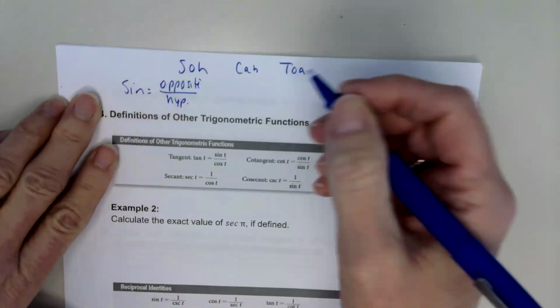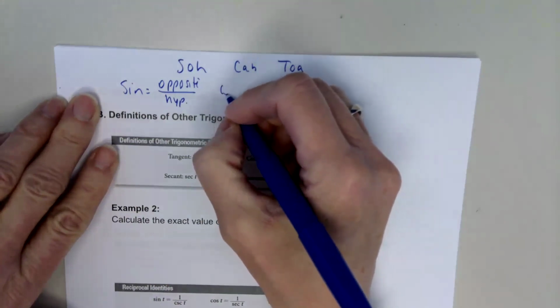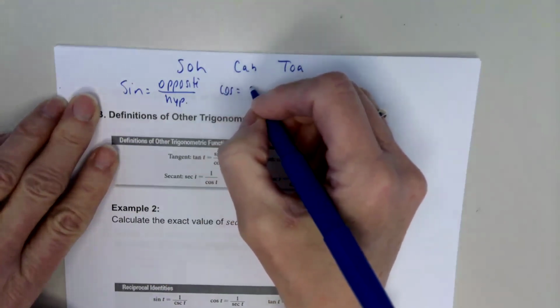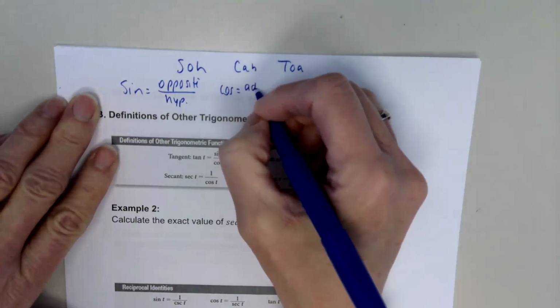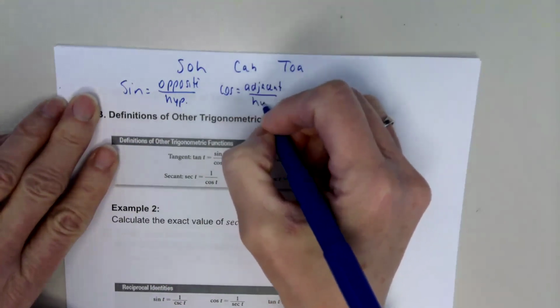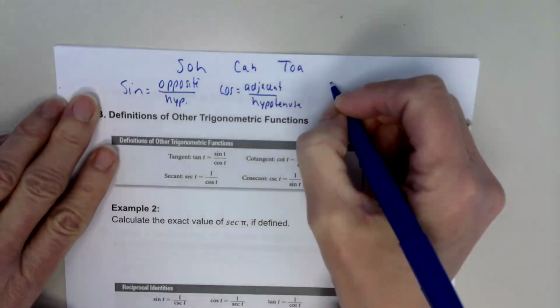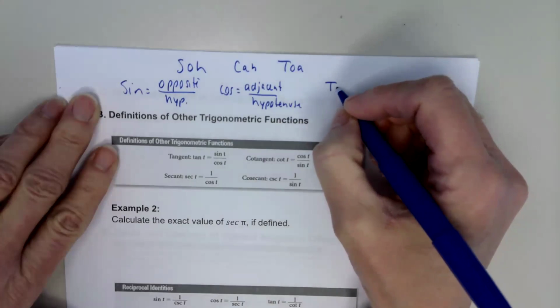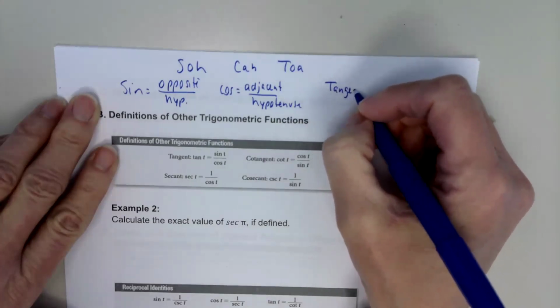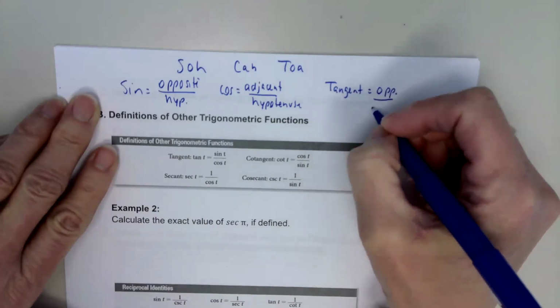And we're going to put that together in the next lesson. And cosine is equal to the adjacent side over the hypotenuse. And this is all of a right triangle. And then TOA is for tangent, and that's the opposite over the adjacent.